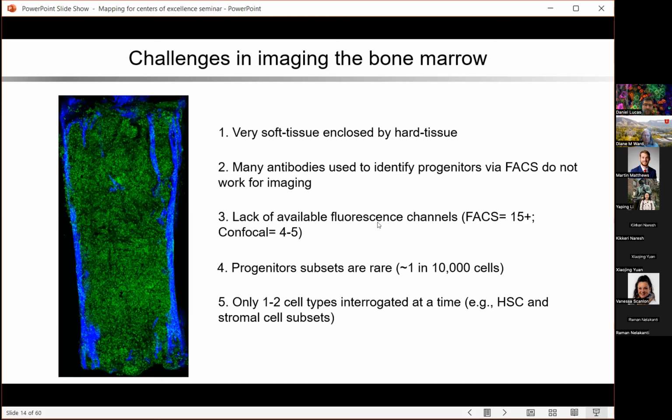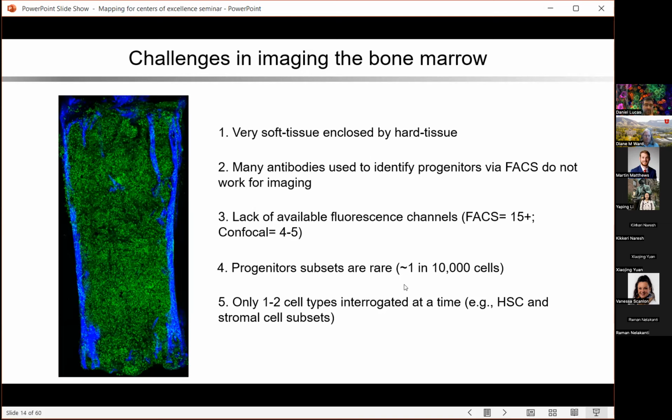Then there is the lack of available fluorescent channels compared with flow cytometry. You can see the 15 colors. In confocal, you are restricted to 4 or 5, a few more now. But that is a major limitation, when traditionally in the field we've used dozens of markers to define populations of interest.